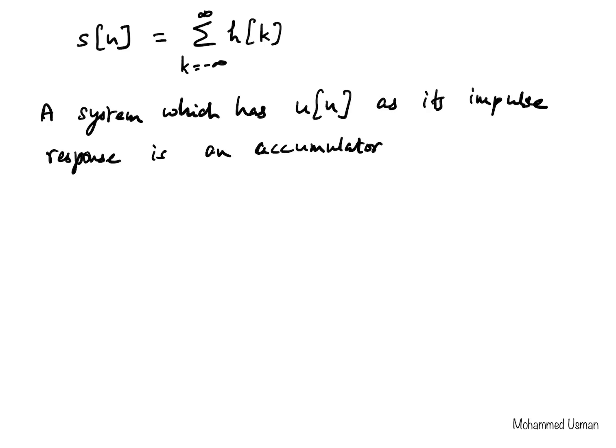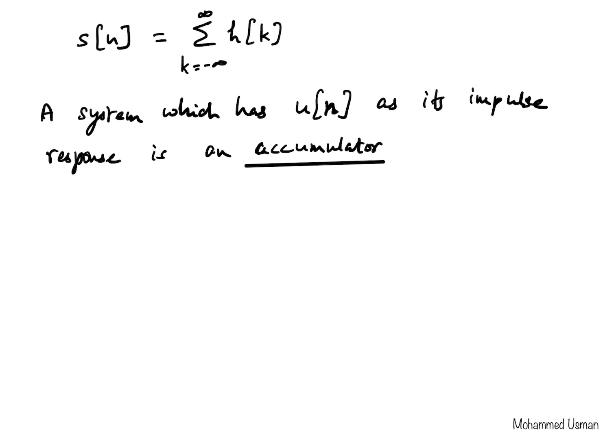The output is the summation of the input terms, and that is what we call an accumulator. A system which has this input-output relationship has the impulse response u of n. And u of n is nothing but the unit step function.